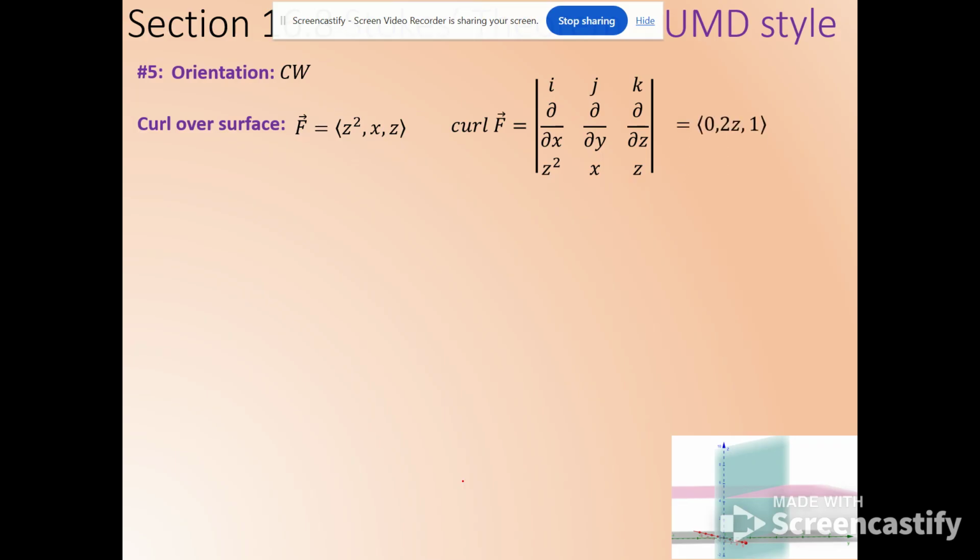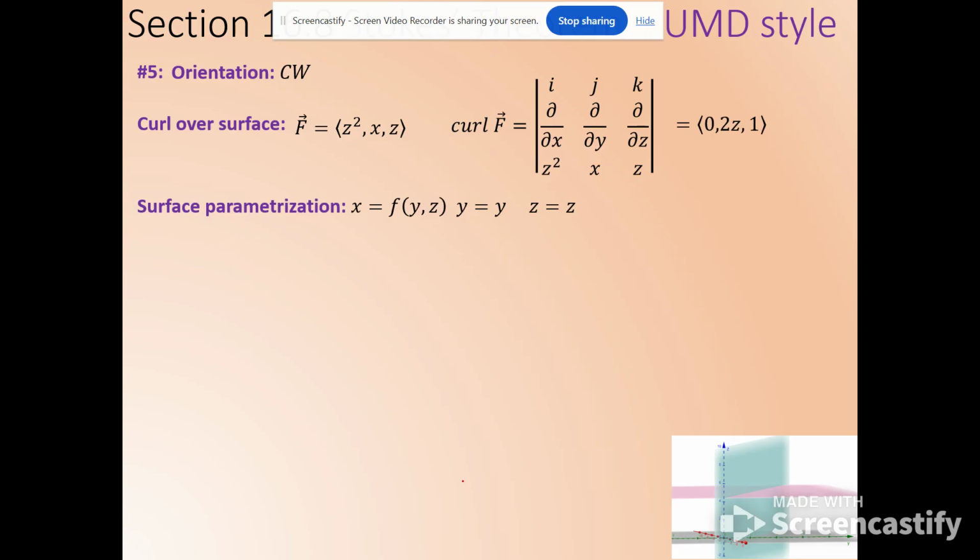Curl again, I got from my line integral. There's my curl determinant. Go ahead and calculate that. Tell me what you get. That's what I got.